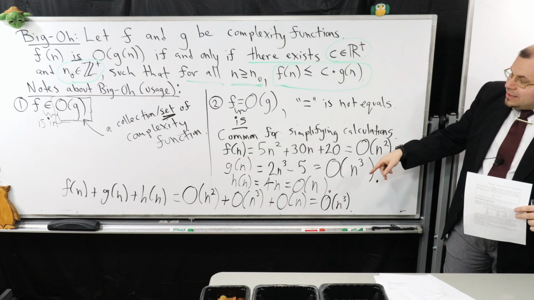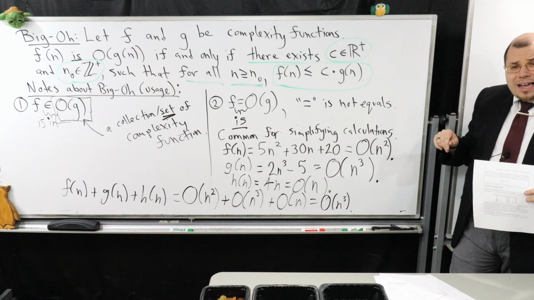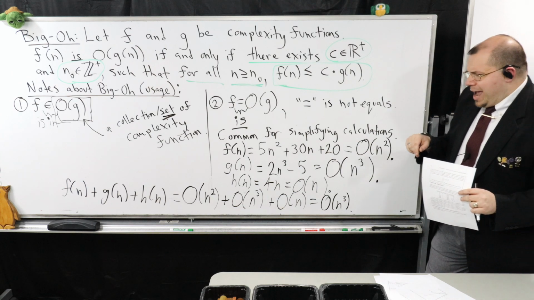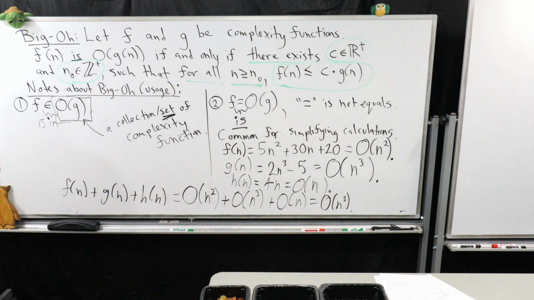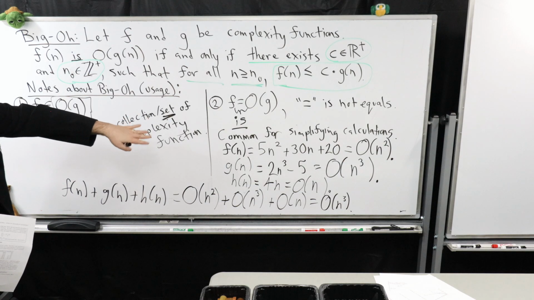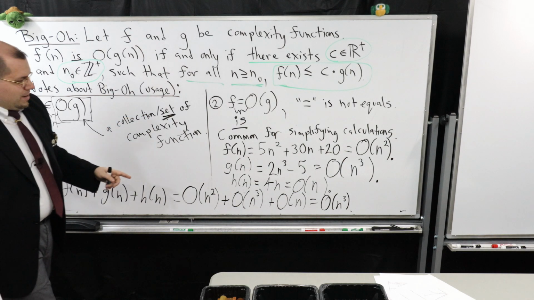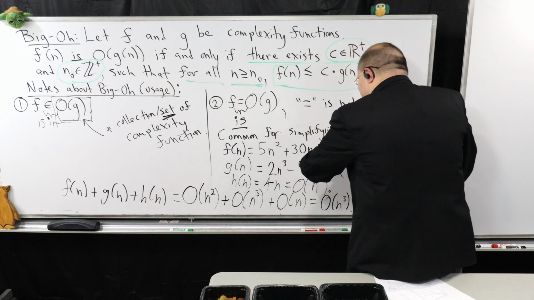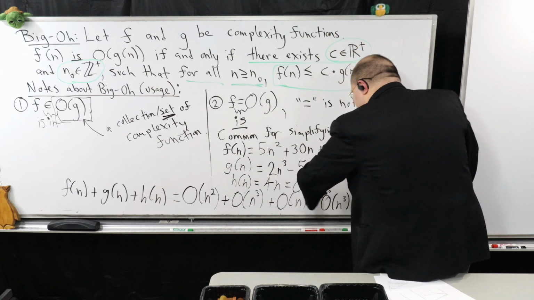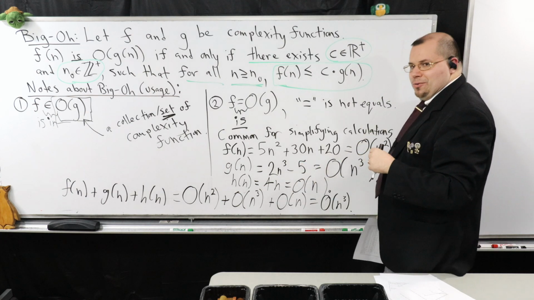What I'm telling you is that this allows you to simplify your calculations, so you don't have to worry about the first part having this many operations, the second part having this many, and the third part having this many, and then combining all of these and simplifying. The way I showed you previously, I would take this, add it to that, add it to this, before I even get to big O, right?